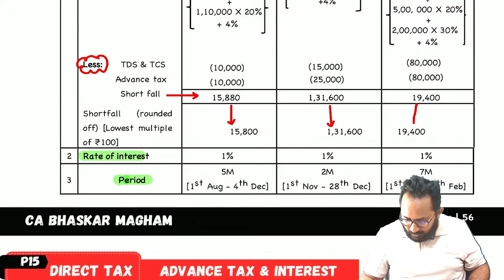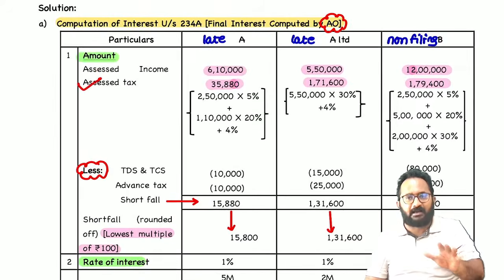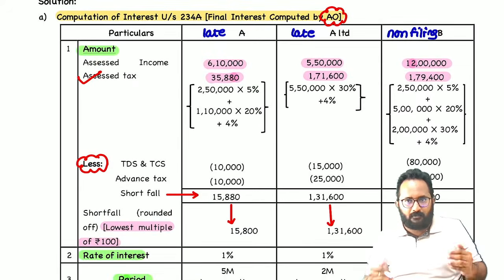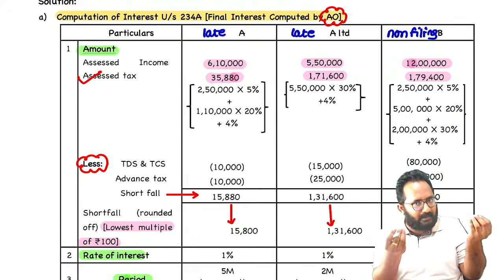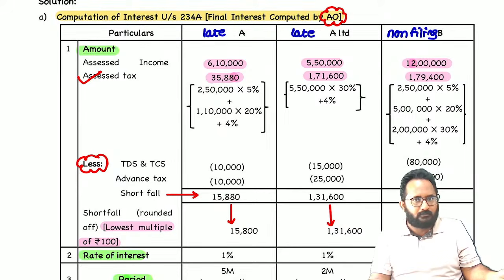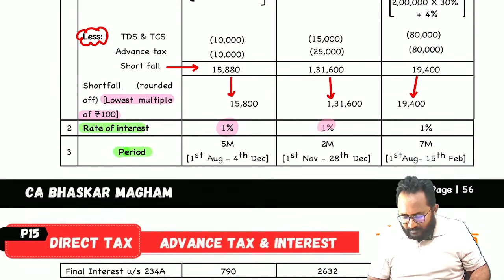No need to round it off in the last two cases. The first case we have to round it off to the lowest multiple of 100. Is there any difficulty for you as of now? AO is calculating: AO determined income, AO determined tax, credits we remove. Rate of interest, you know already very well, 1% per month or part of the month.